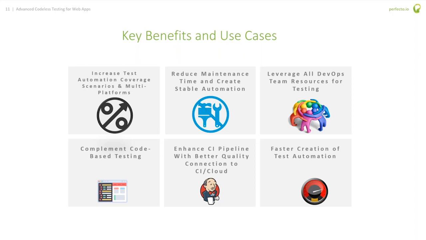The first one is obviously to increase the test automation coverage by adding, I would say, 80 to 85% of the manual scenarios that today are flaky, take too much time, and are error prone because they are done manually. This can be added into the pipeline through test automation.